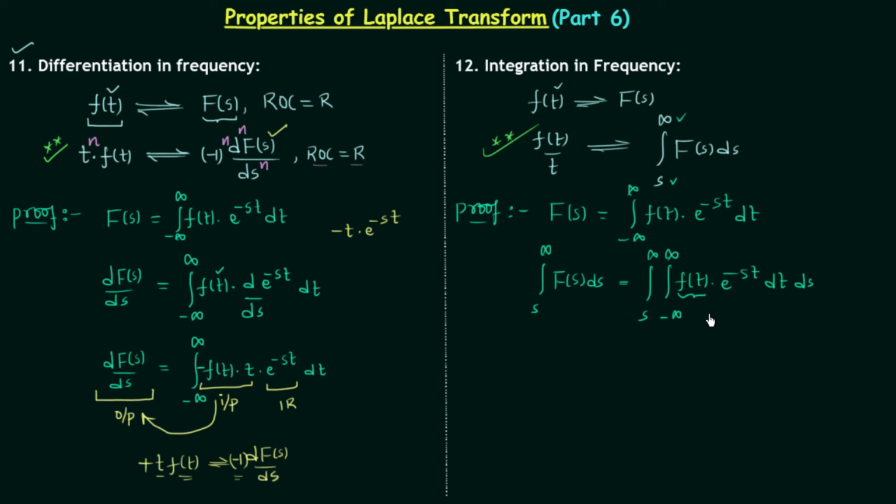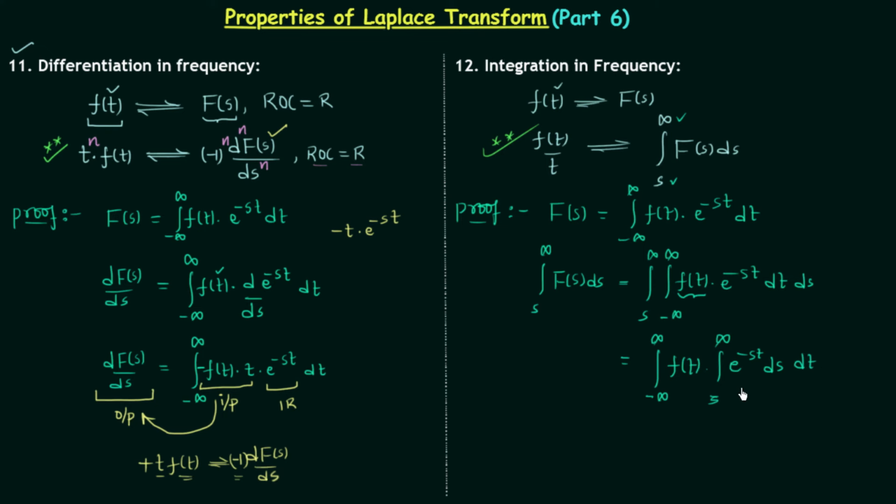So we will take it out of the integration, and on the right hand side we have the integration from minus infinity to infinity of time domain signal f(t) multiplied by the integration from s to infinity of e power minus st, the signal whose integration we are performing with respect to s.